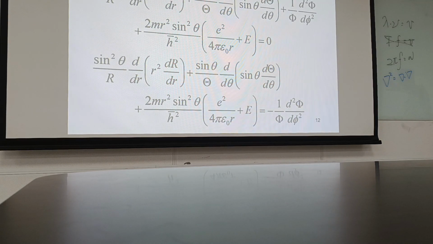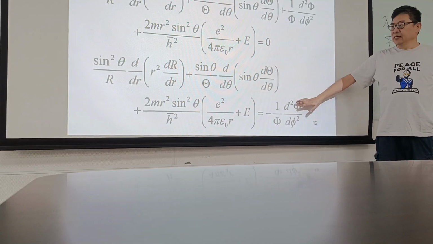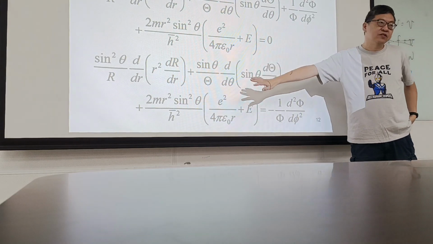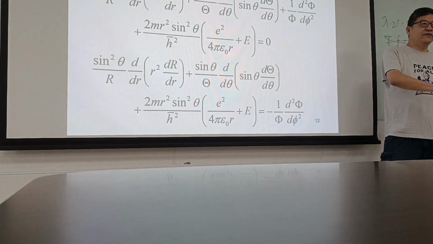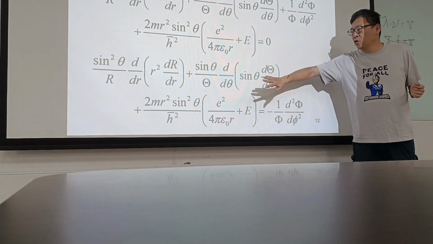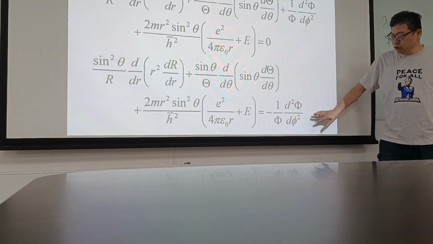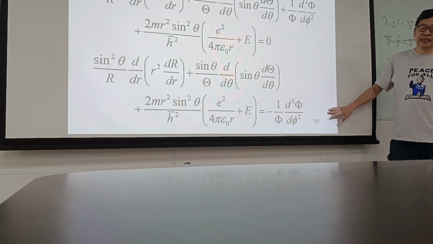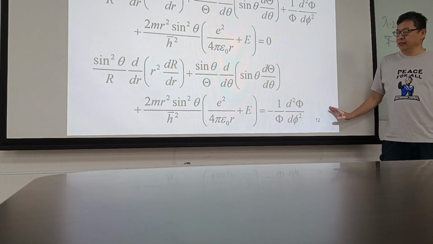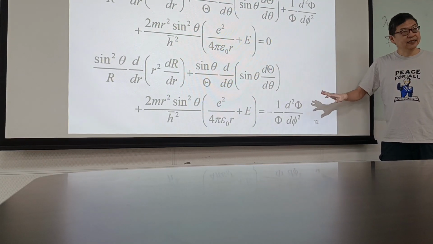So this is mathematics. We separate. This is a phi only function, no R, no theta. Here is the R theta only function, no phi. The two sides are equal, so they equal to something that is independent of phi, R, and theta.